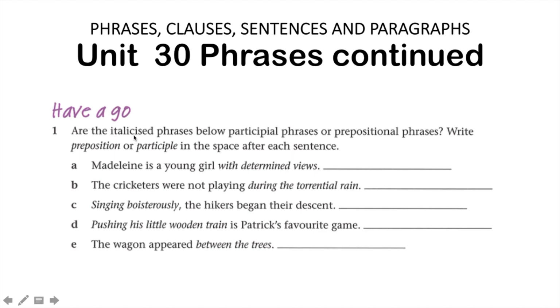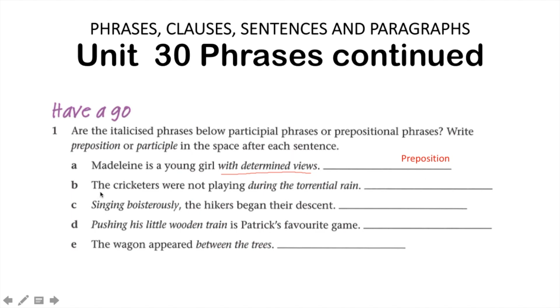For this first one, after reading the sentence and identifying which part is italicized, you have to work out which bit is either a participle phrase or a prepositional phrase, and then you write that in the space provided. For our first one, Madeline is a young girl with determined views. You can see that with determined views is identified, and that is a prepositional phrase.